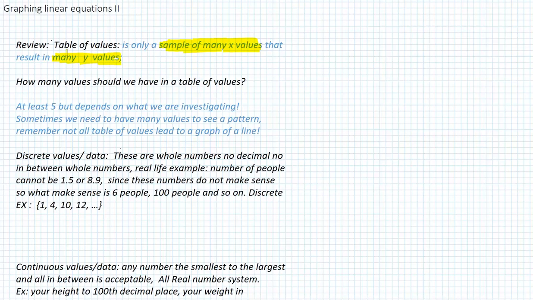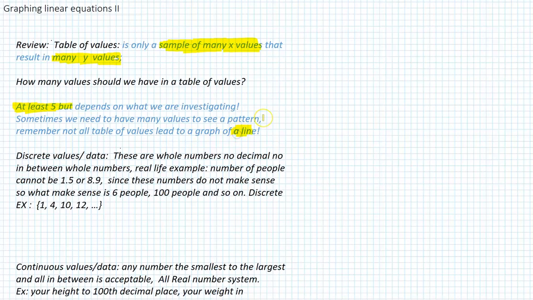Remember that 5 is basically the minimum, but even that depends on what you're looking for and on the problem. Now, not all data sets and tables of values give you a line.